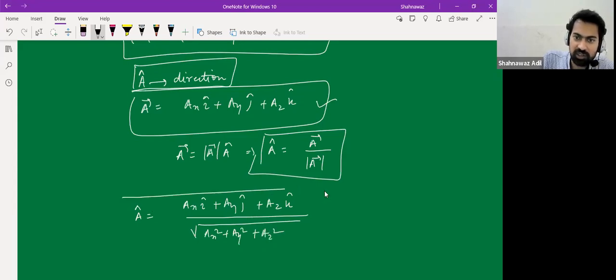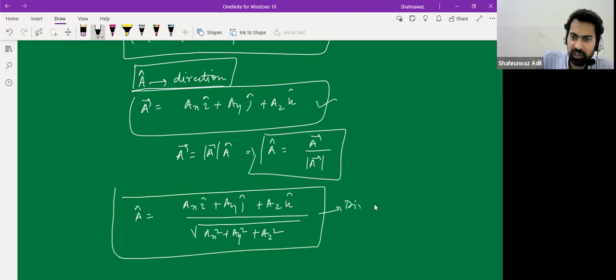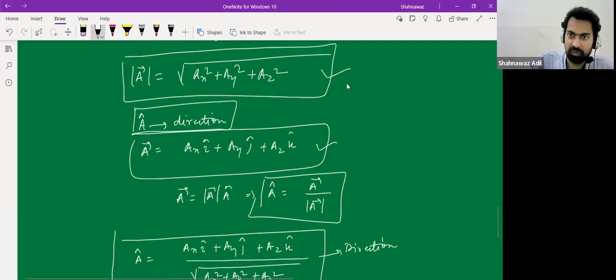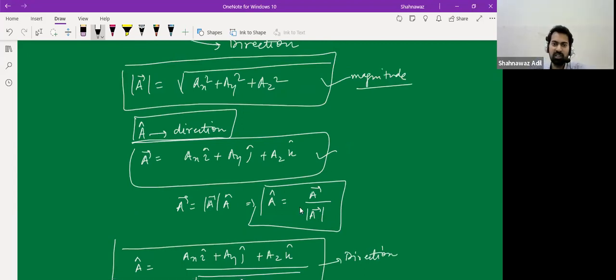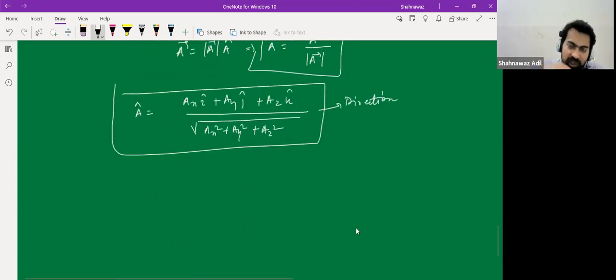So this is the direction. We calculated the direction, and then we calculated the magnitude. This is about the vector in universal unit vector form.